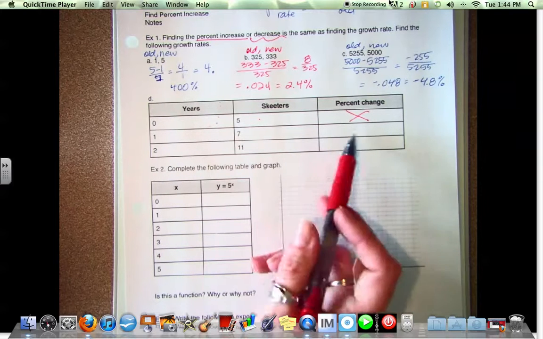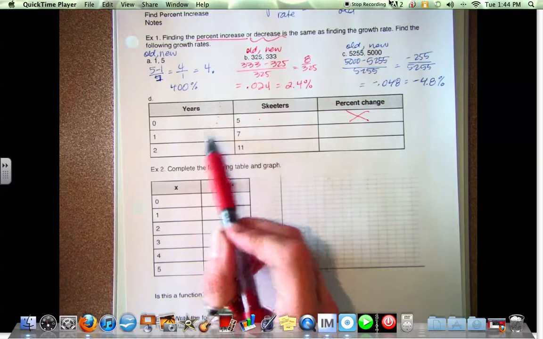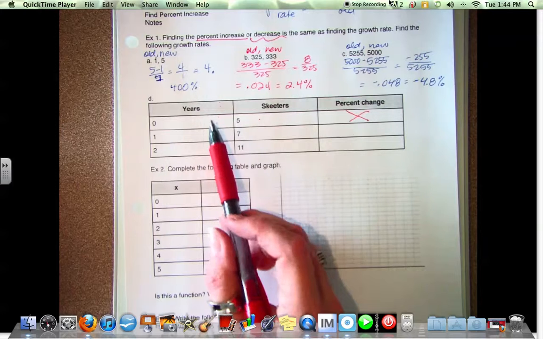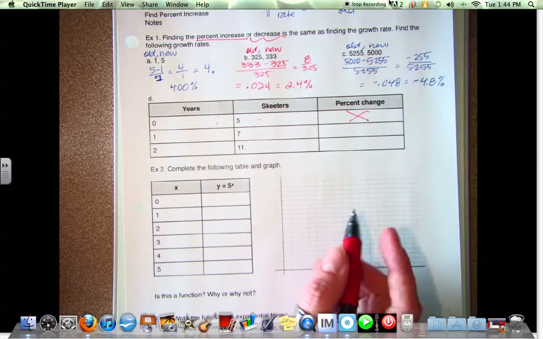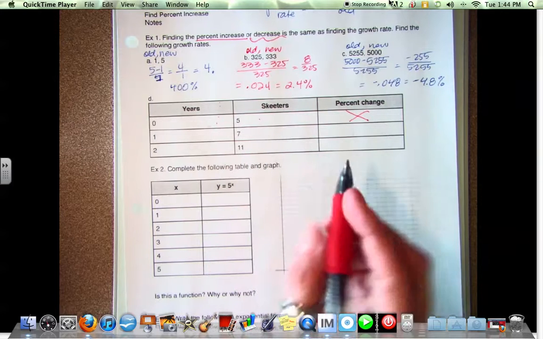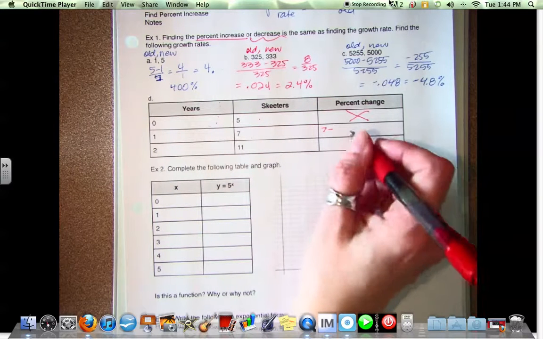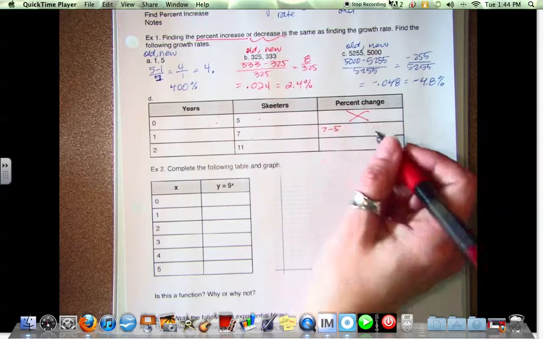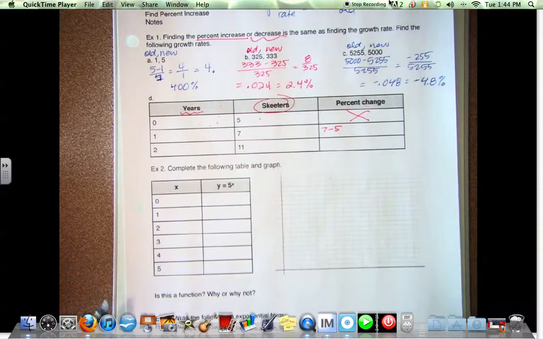So now when we're in the second row, we can compare years 0 and 1. So in comparing years 0 and 1, which number would represent the new skeeter population? Oh, skeeters. This is years. These are skeeters.